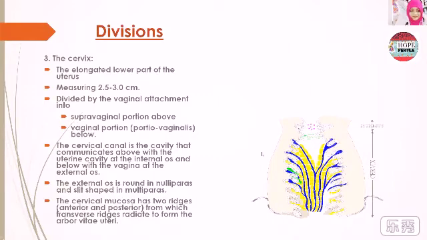The cervical canal is the cavity that communicates above with the uterine cavity at the internal os and below with the vagina at the external os. Here it is connected with the uterine cavity, and here with the vaginal cavity. The external os is round in nulliparous and slit shaped in multiparous. The cervical mucosa has two ridges, anterior and posterior, from which transverse ridges radiate to form the arbor vitae uteri.